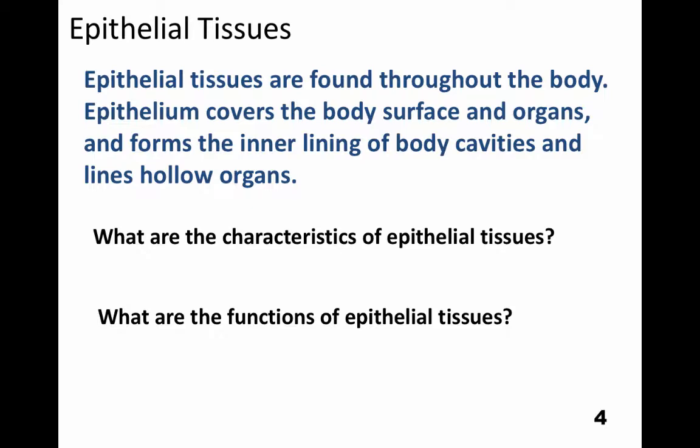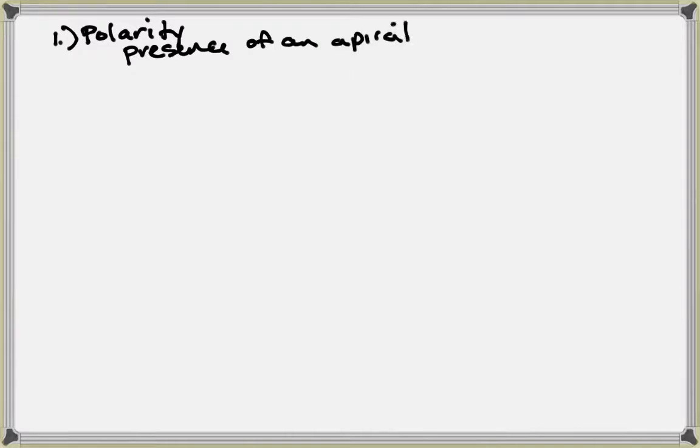And the epithelial tissue has several different characteristics. Now, the characteristics that they have is they have what's known as polarity. And polarity is essentially saying that within it there's a presence of an apical surface. And it's either presented in exterior or presented in a cavity, right?